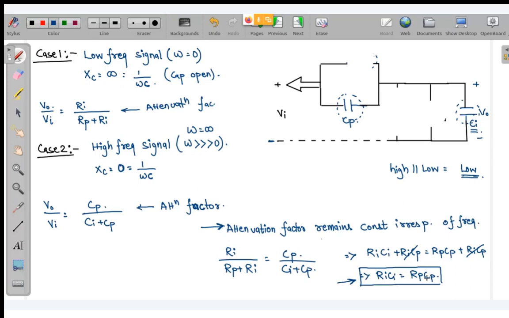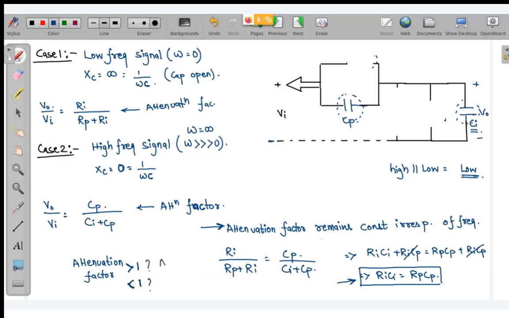Is it clear? Now tell me one thing. Attenuation factor, is it greater than 1 or is it less than 1?